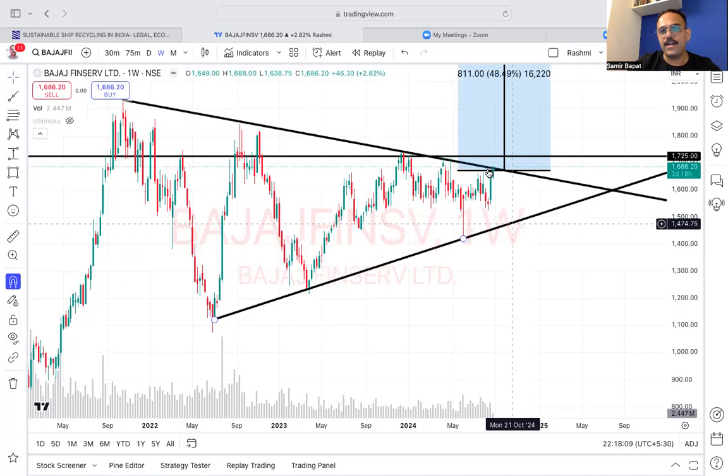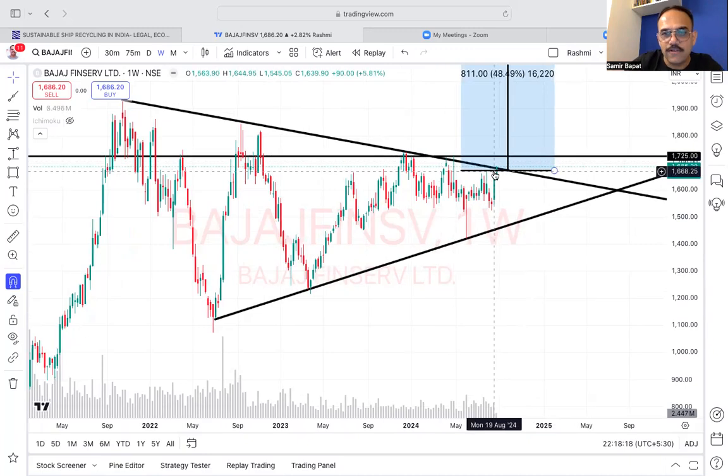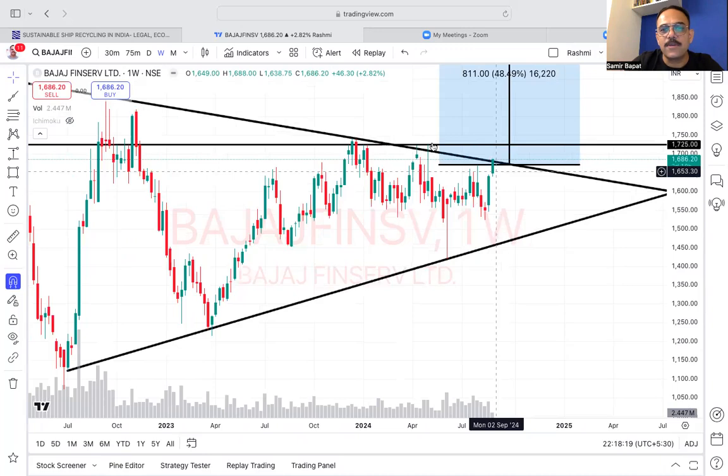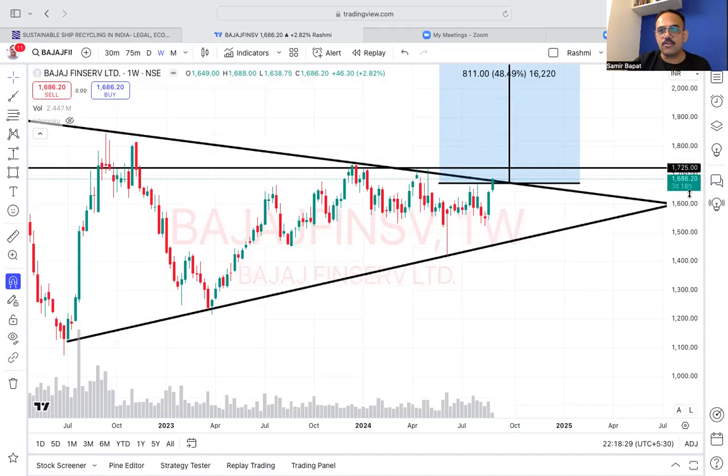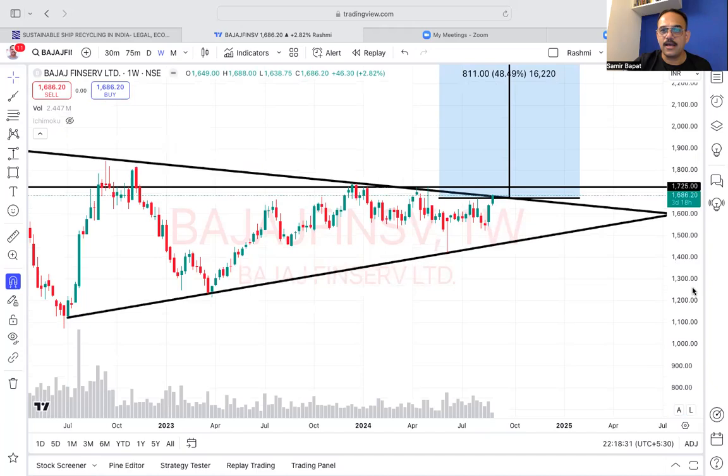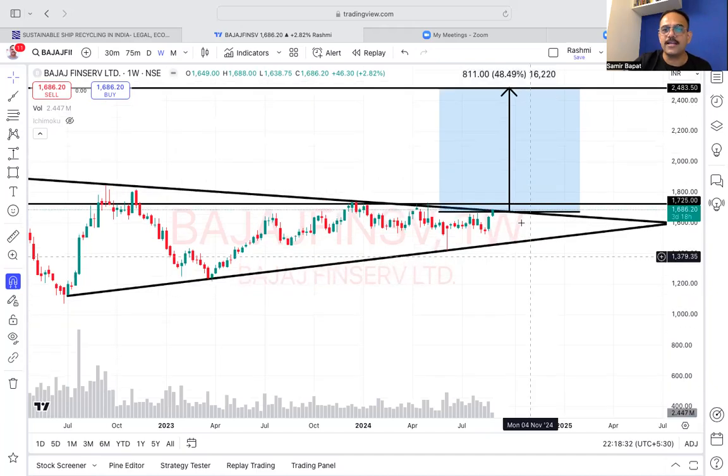So I will not just wait for the price to close above the triangle. I will wait for the price to close above the previous high. If you see, if I'm zooming in, this is the previous high, previous to this breakout. So I'll wait for it to close here. Once it closes above that line, I'm okay giving a few percentage.